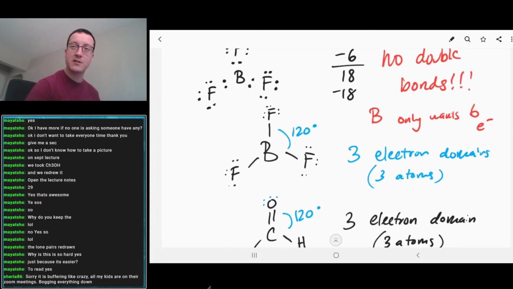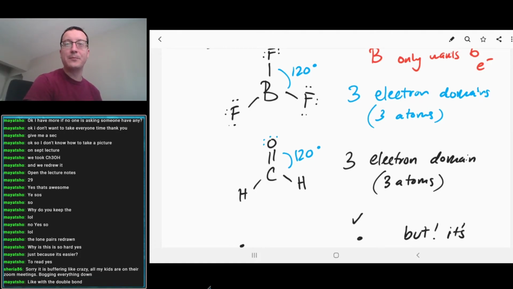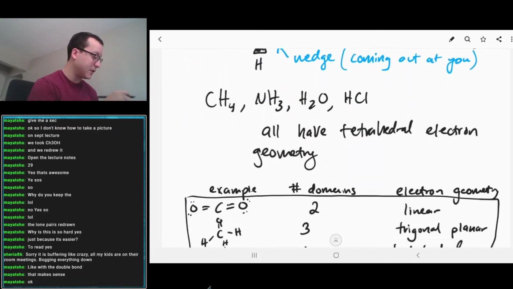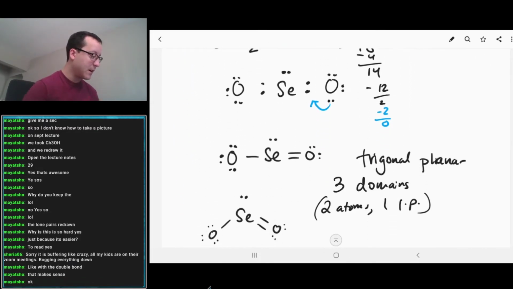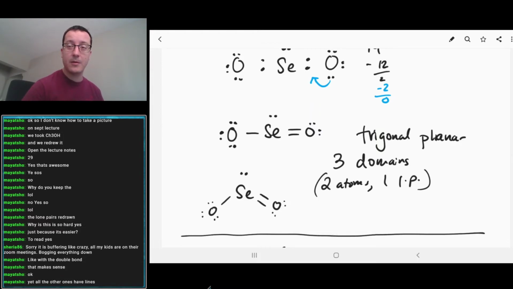In BF3, we keep the lone pairs on the fluorines. On the formaldehyde here, we keep the lone pairs on the oxygen. Always do it. Anytime you have lone pairs left in your structure, you still have to keep them up there.